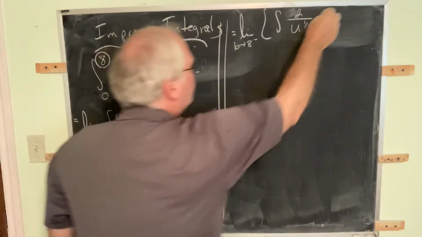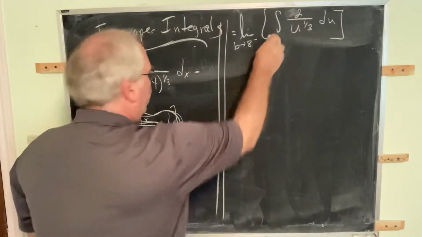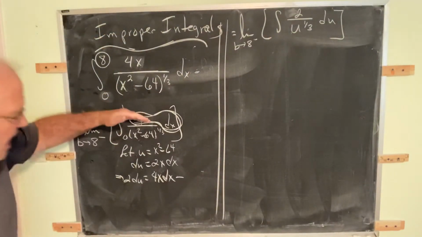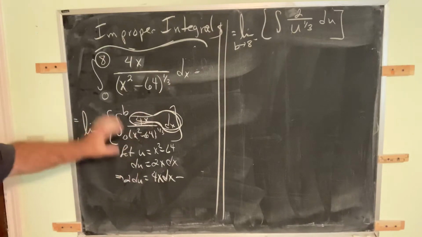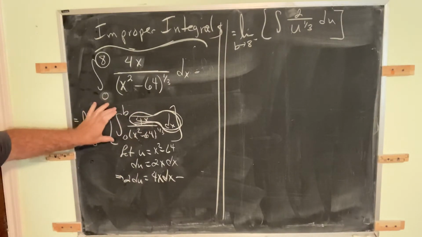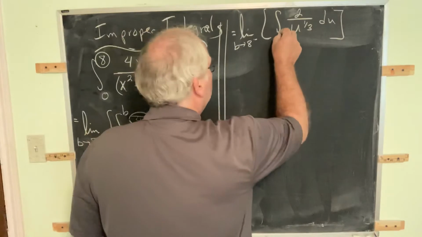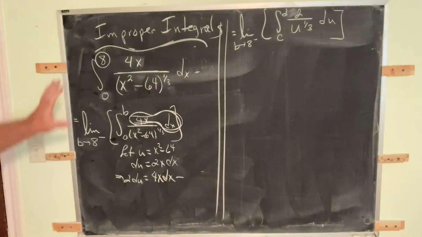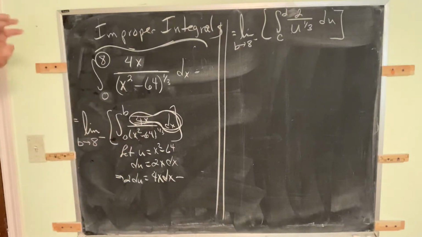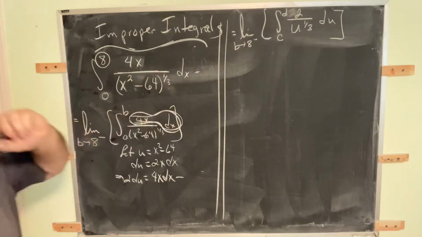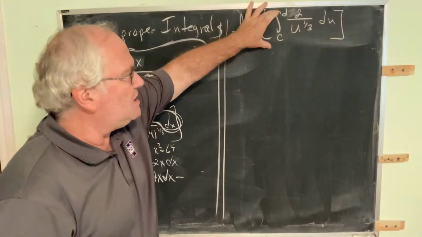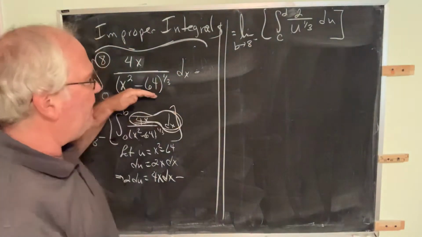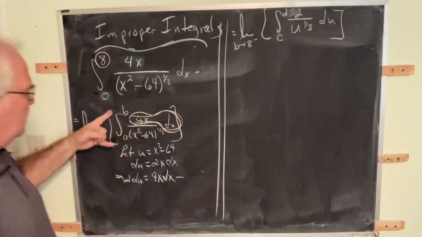And what are the limits of integration? Well, we don't know. We've changed from the x variable to the u variable, so we're going to put in 2 dummy limits of integration. Anytime you're doing this improper integral and you change using a u substitution, you must put in dummy limits of integration. When we come back to the original x variable, we will come back to the original limits of integration.